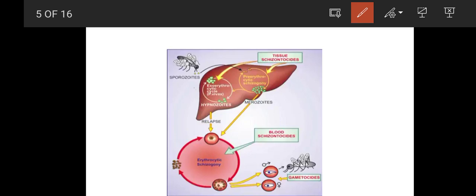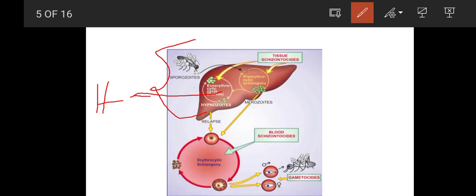Now let us look at the last phase, which is the exoerythrocytic phase. The exoerythrocytic phase takes place in the liver, where the dormant sporozoites, which have been in the liver for so long, will give rise to hypnozoites. Now, these hypnozoites will relapse.